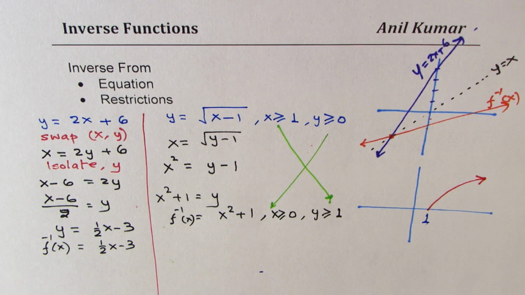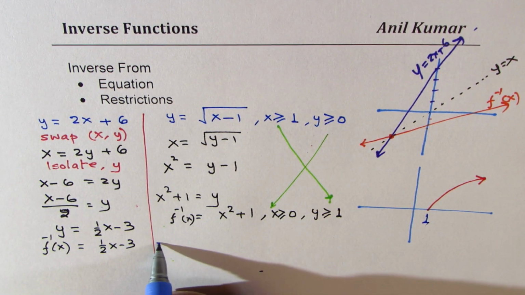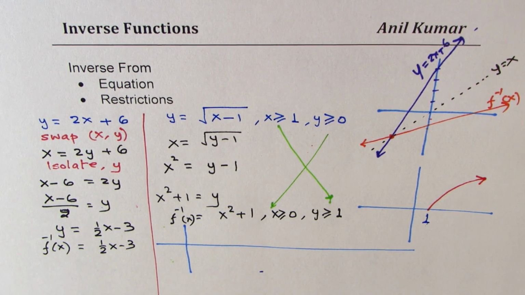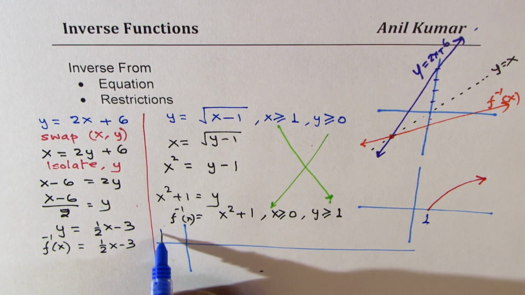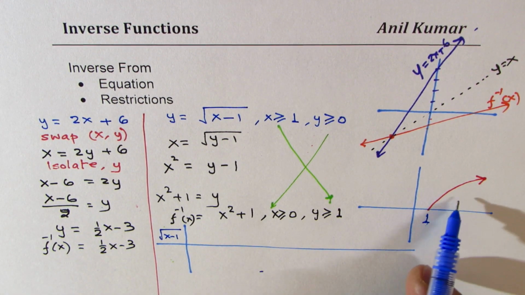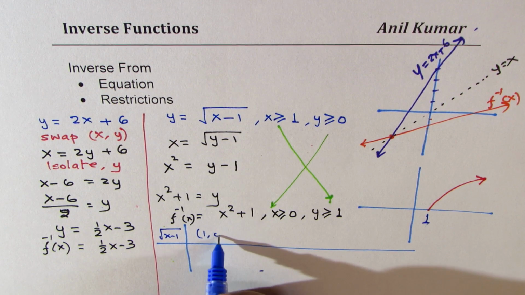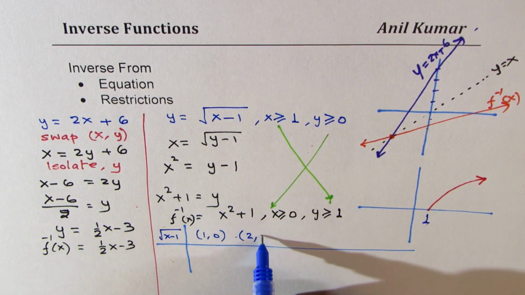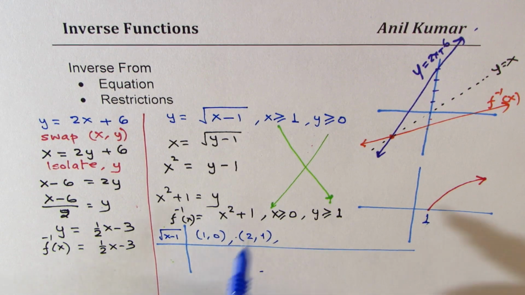Do you understand? Right? So in this function, if I plot some points, let me do that and extend this idea. So we have this function square root of x minus 1. My values are greater than or equal to 1. So for 1 I get 0, right? For 2 I get 1, right?